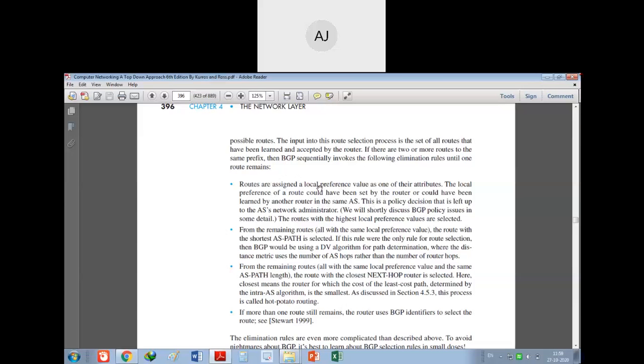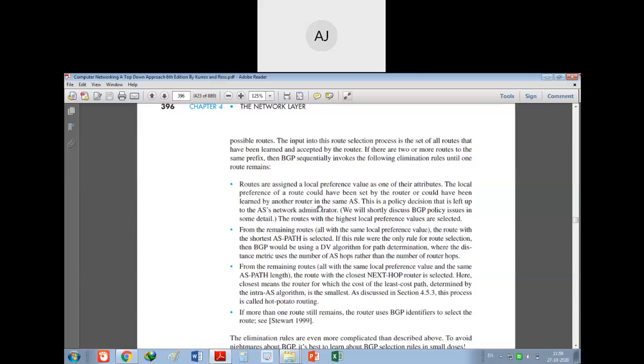For example, what is the difference between say Chikori and say Nipani? That is how the local preference value will be stored, how you are preferring it using the attribute AS path. The local preference of the route could have been set by the router or by another AS, that is the administrator. This is the first operation, and all these are sequential operations.